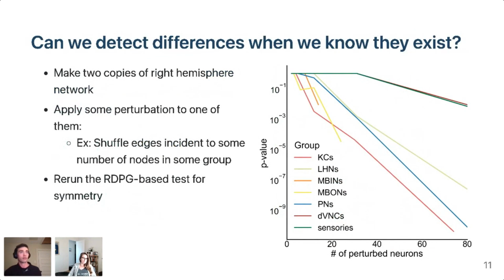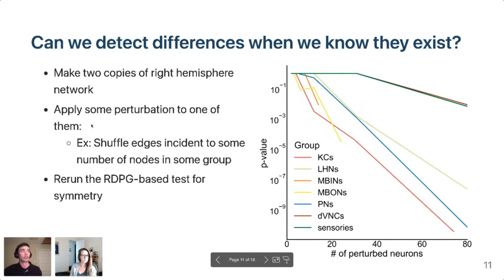So one last thing I want to highlight before I wrap up is, we're not just interested in looking at these tests and what they show us on the data that we have, but we also want to make sure that we can detect differences when we know they exist, for all of the reasons that I listed at the beginning of the talk. So what we're doing here is making 2 copies of our right hemisphere network.